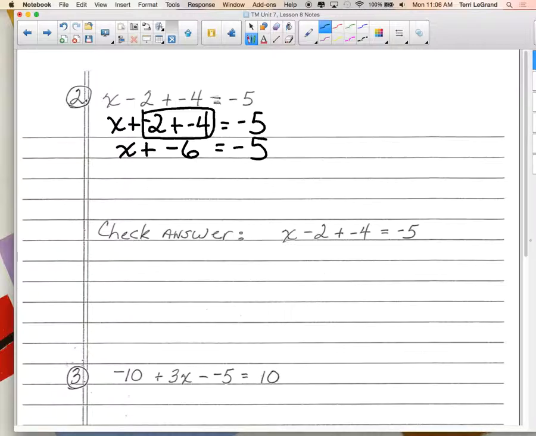From where we changed it from add to add the opposite, yeah. X plus -2 plus -4, remember your pencil is the equal sign for temporarily, equals -5. Everything's negative except the x tile, right?